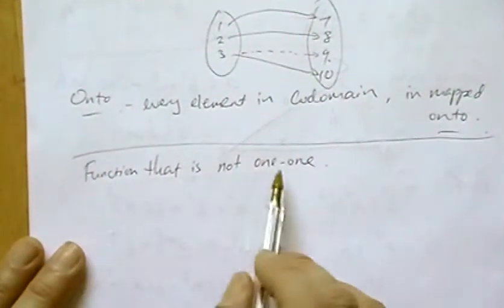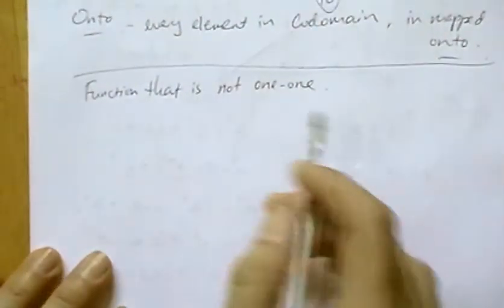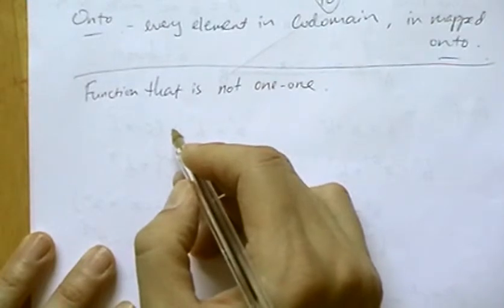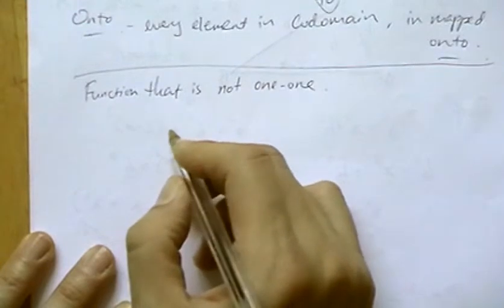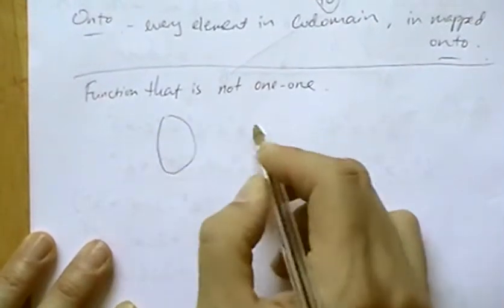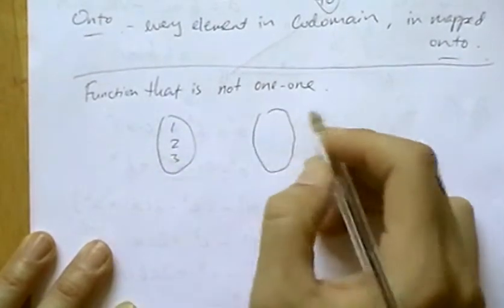The function that is not 1, 1. Let's make something up. Now, a function that is not 1, 1, for example, let me use the same idea.